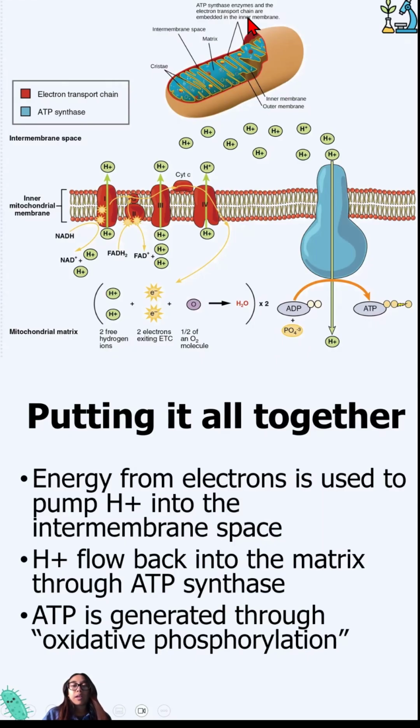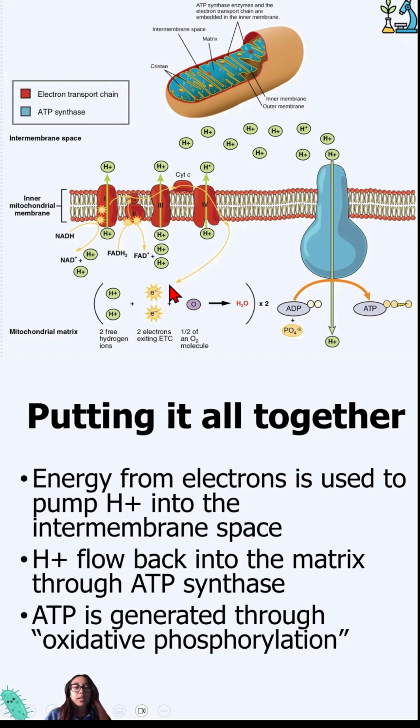Mitochondria have an outer membrane, and then their inner membrane is all of this. Everything here is happening in the inner membrane. The hydrogens are being pumped into the intermembrane space, which is the space between the outer and inner membrane. And then the hydrogens flow back into the matrix, which is the teal colored area in there.